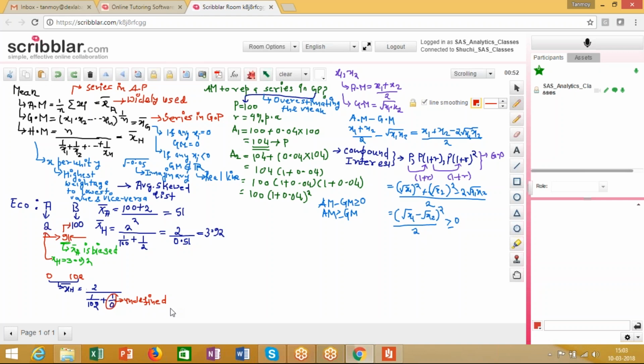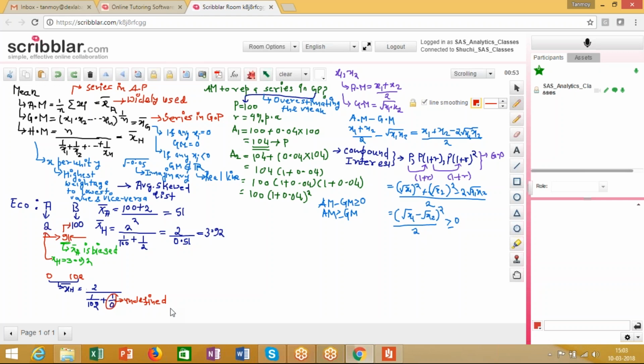So if your series contains a value 0, then harmonic mean gets undefined.